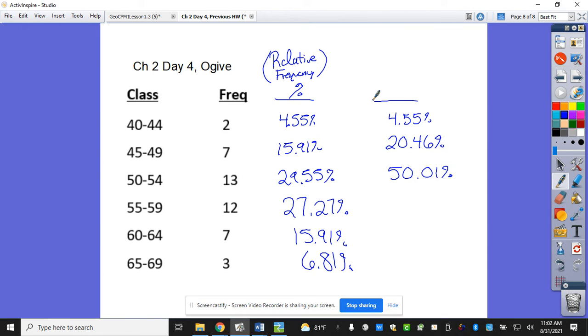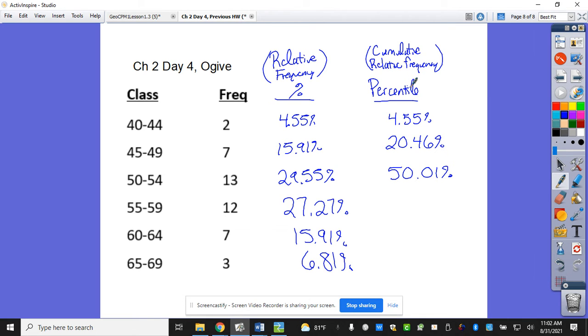What about, there's another vocab word. Percent that are lower than. Percentile. Percentile. Yeah. Percent you did better than.